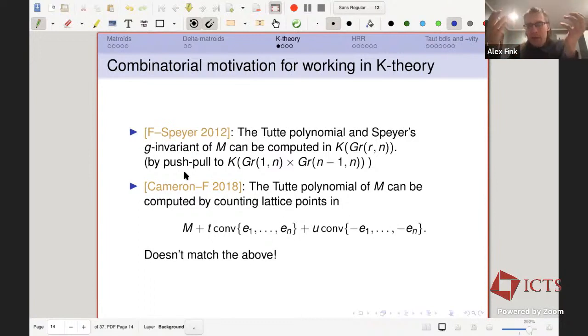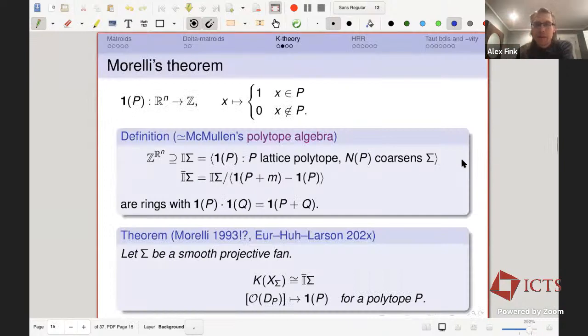If you're used to the association between lattice polytopes and line bundles on a toric variety, then counting lattice points is counting sections of these line bundles, and the linear relations between them are Grothendieck group type relations that you get in K-theory. So there were a few computations that suggested it might be nice to have a K-theory take on these computations as well.